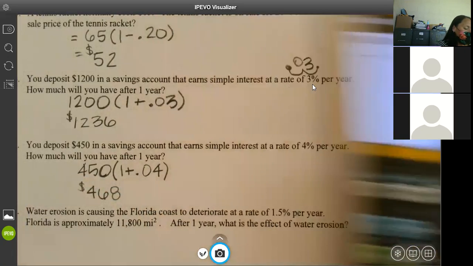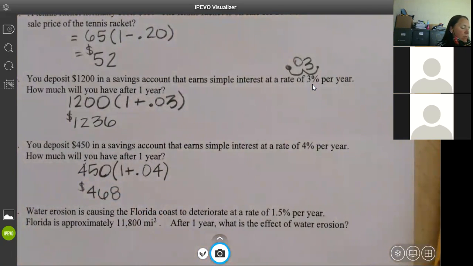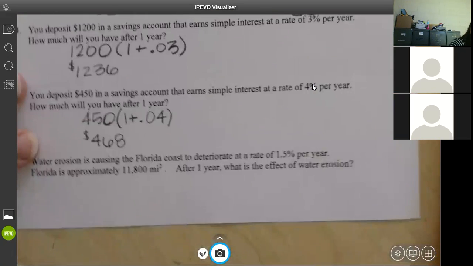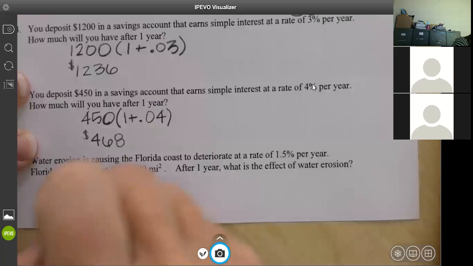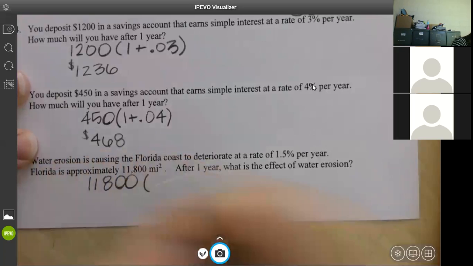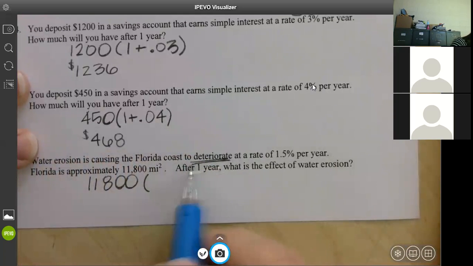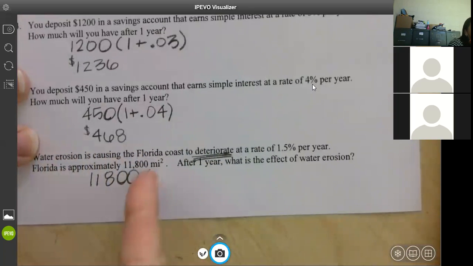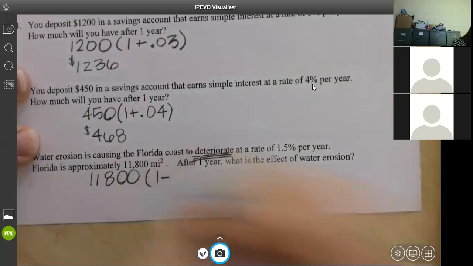All right, water erosion is causing the Florida coast to deteriorate at a rate of 1.5% per year. Florida is approximately 11,800 square miles. After 1 year, what is the effect of water erosion? So what square mileage did Florida start with? It said it's deteriorating. So what do you think that means in our formula? 1 minus, good.